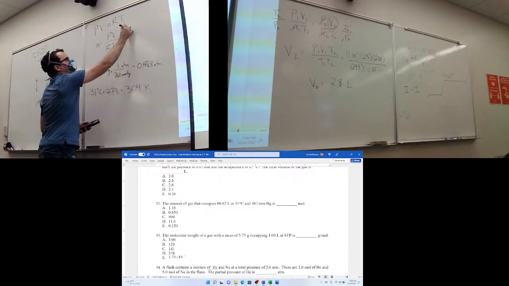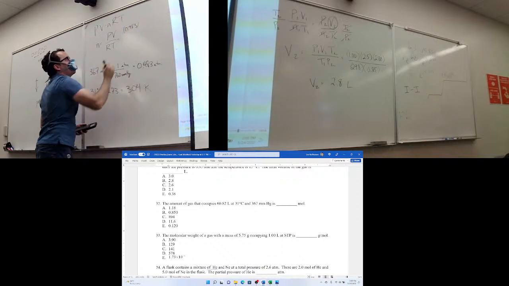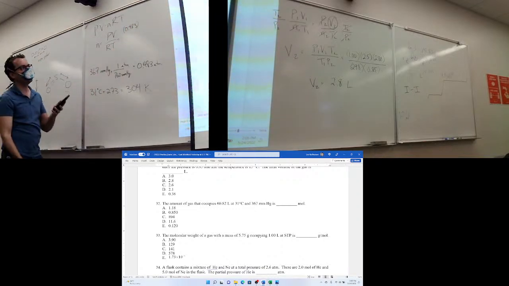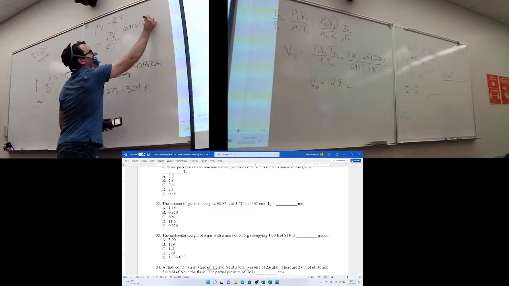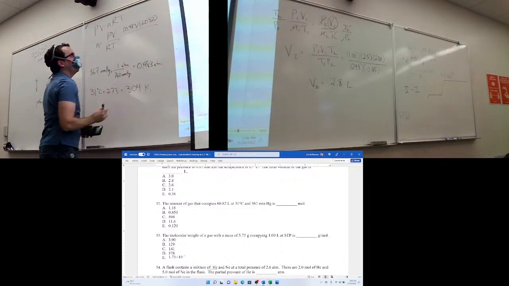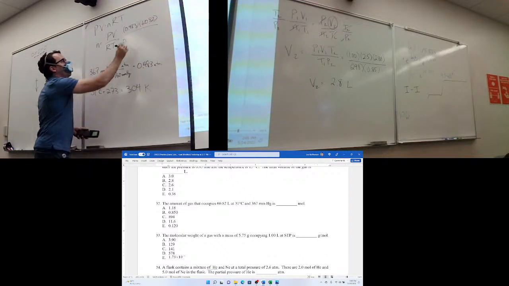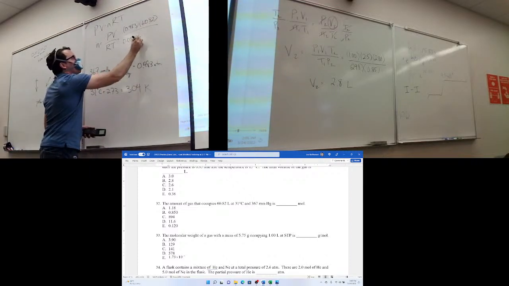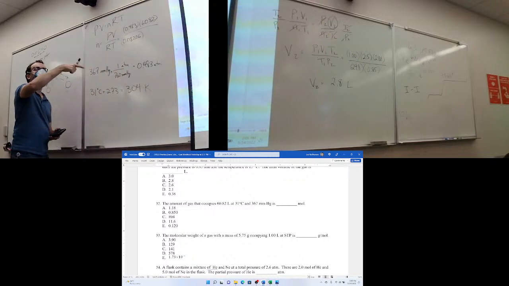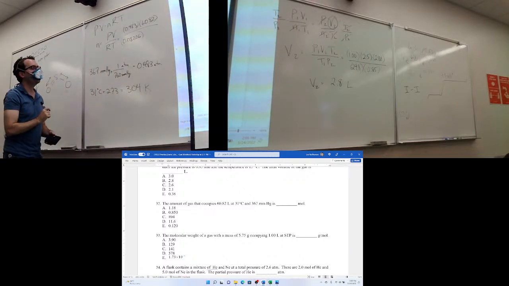Pressure, 0.483 atmospheres. Volume 60.82. R, this is the one that has liters and atmospheres in it, so 0.08206 liters times atmospheres divided by moles divided by Kelvin.